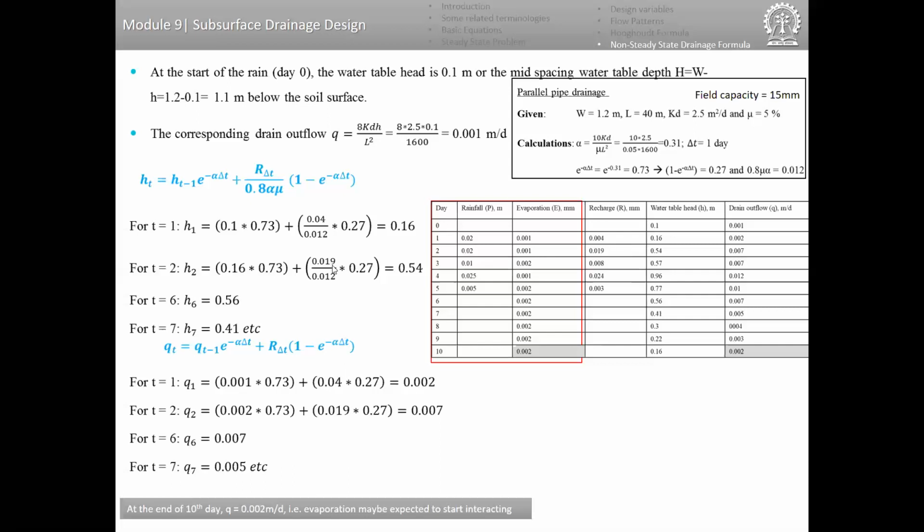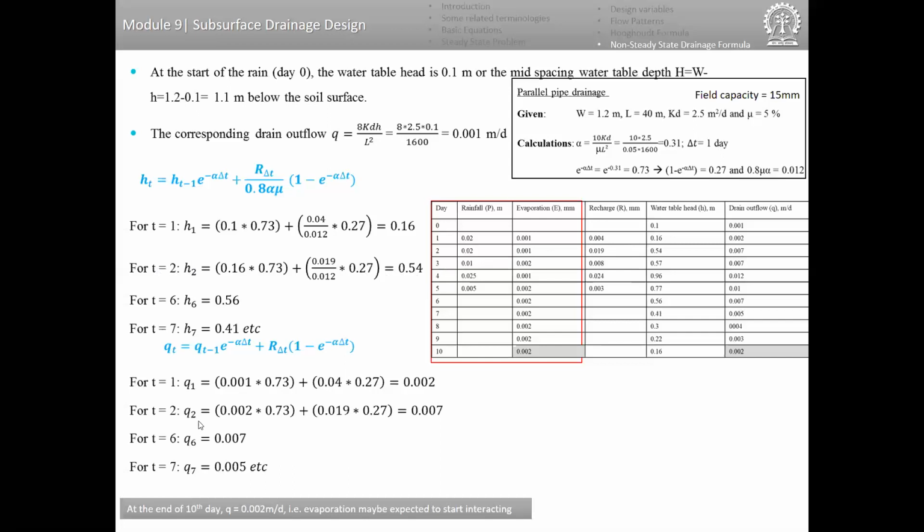That is your recharge value, divided by 0.8 alpha mu, that value is 0.012, multiplied by 0.27. So the water table head at time t equal to 2, the second day, is 0.54.